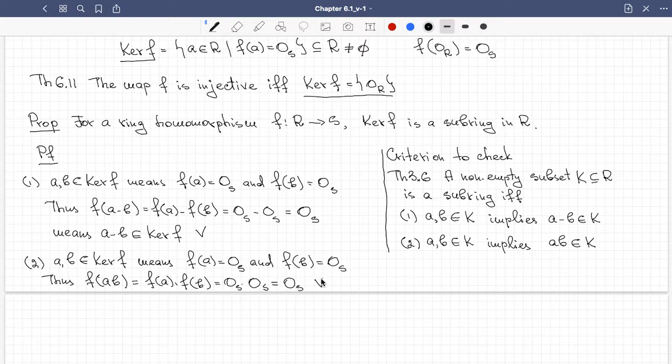Checked. So we proved that this is a subring, but 0 times 0 is 0. Yes, indeed, that is true, but this is an overkill.